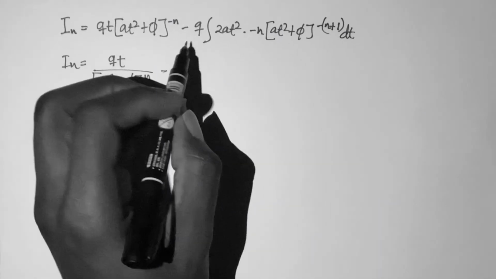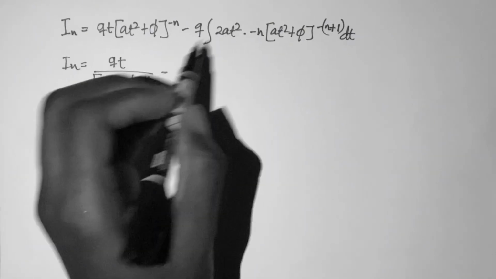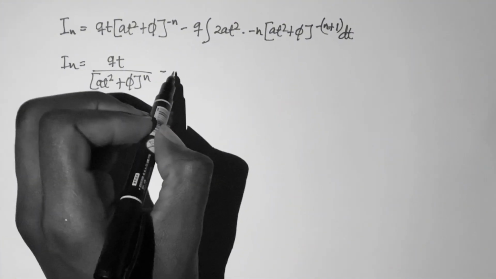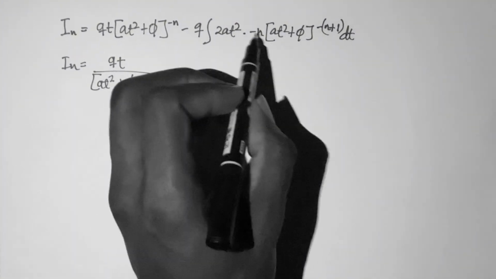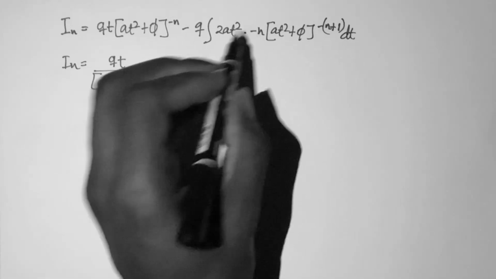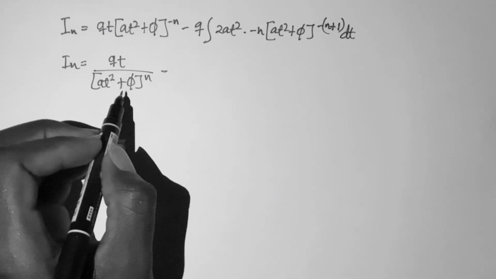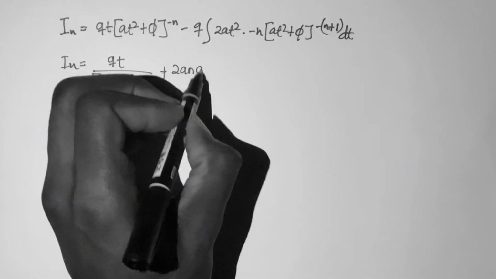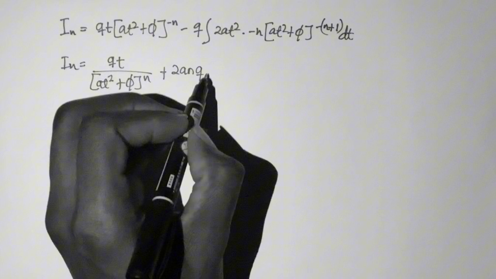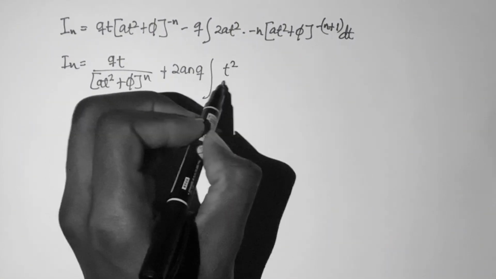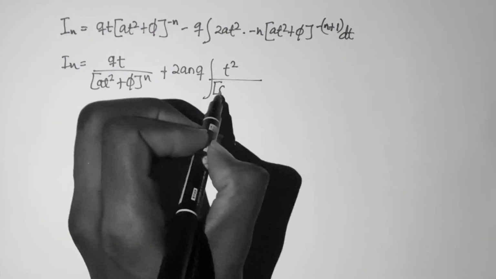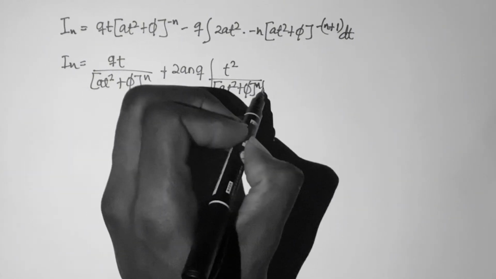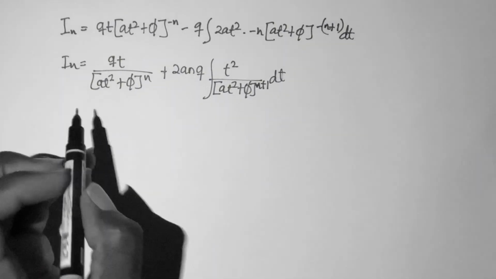Now let's bring 2a outside. There is minus n here, so minus n times minus q becomes plus, so plus 2an q times the integral of t squared divided by (at squared plus phi) exponent n plus 1 dt.